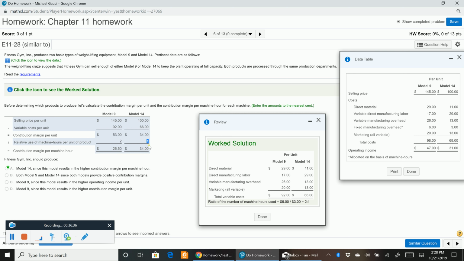It takes half the amount of time to make a 14 than a Model 9. So which one actually adds to our bottom line more? We're no longer saying the Model 9, which we did earlier when we did not consider the constraint, which in this case is the number of hours on the machine. Model 14 will give us the higher contribution margin per machine hour, which is what we want.